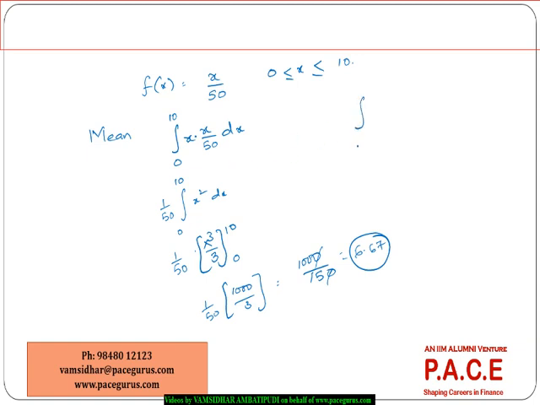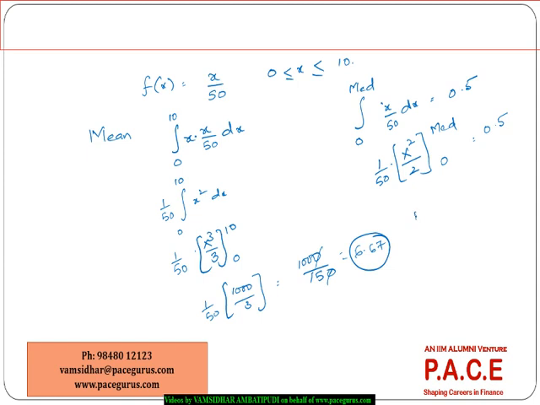Now we'll look at the median. Integrating between 0 and the median, f of x dx, x by 50 dx, should be equal to 0.5. So 1 by 50 times the integral of x, which is x squared by 2, integrated between the median and 0, should come to 0.5.